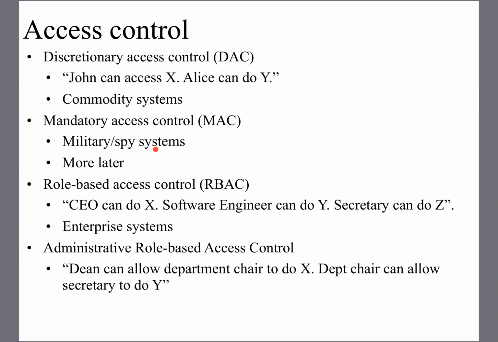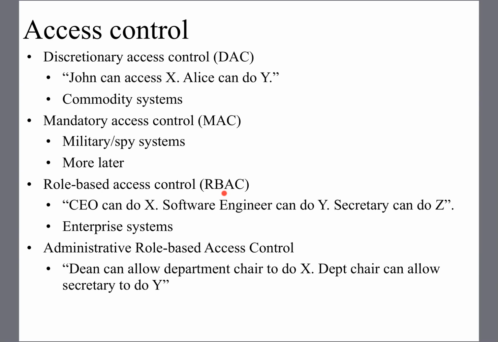So we're going to spend some time on mandatory access control mechanisms. And then in enterprise settings, you might have things like role-based access control, where your access permissions to a particular resource depend upon your role. For example, if you're a CEO, then you can access certain data, whereas if you're a software engineer or a secretary, then you have more limited access.